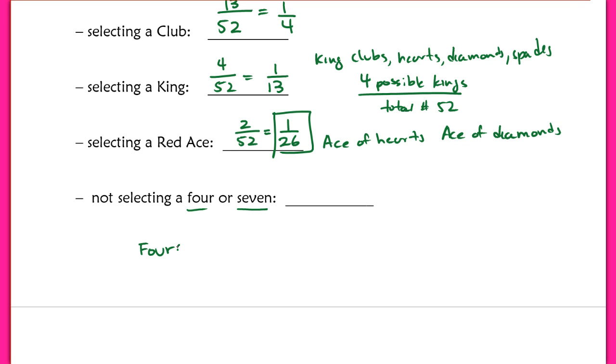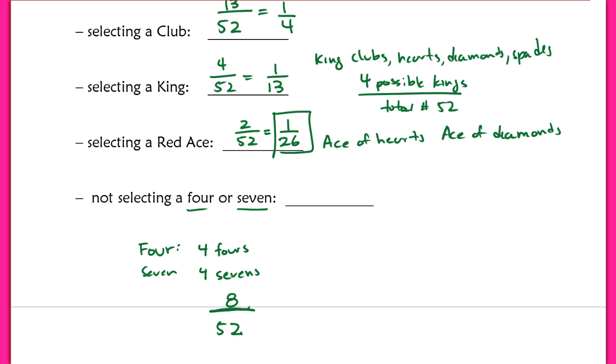Okay, so the probability of selecting a 4. Now, in the 4 different types of suits, there are 4 4s. Okay, there are a total of 4 4s in the deck. And for a 7, there are a total of 4 7s in the deck. Okay, which means that I have 8 possible outcomes that result in a 4 or a 7 out of a total of 52.